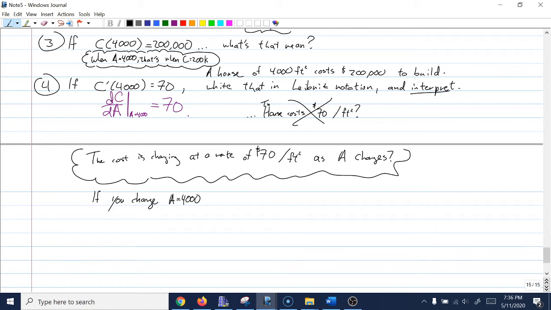If you change the square footage, the price will correspondingly change at a rate of $70 per square foot. Okay, this is something I can make sense out of. So it's not about the total cost of the house, it's about the cost of a small change. That makes sense. When we talked about derivatives, we were always thinking about all these small changes.